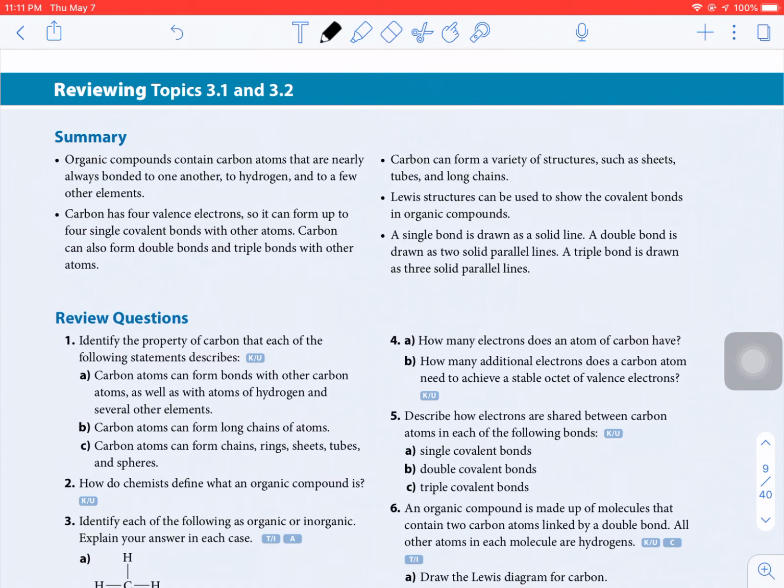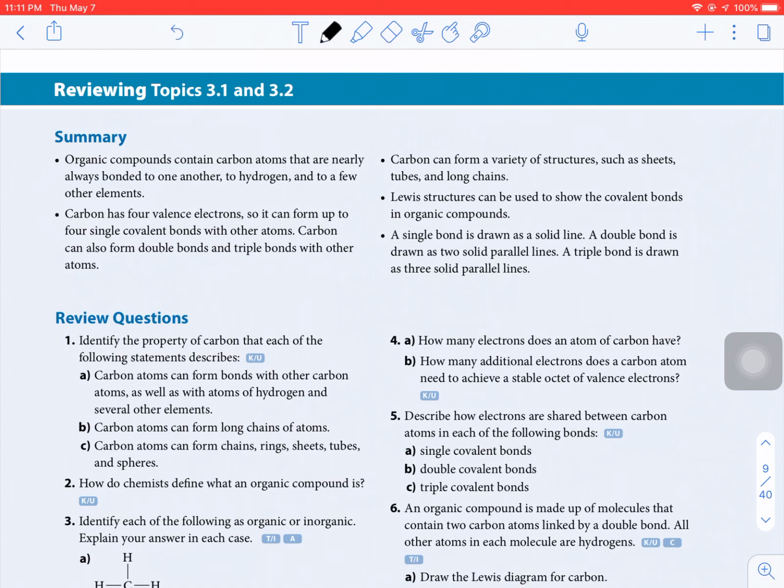It says organic compounds are the definition I just said, contain carbon atoms, usually bonded to other carbon atoms, and to hydrogen and to other elements. And then carbon has 4 valence electrons, so it can form up to 4 covalent bonds, and also form double bonds and triple bonds, like we said yesterday, by sharing more than one pair. Remember, every covalent bond is a pair of shared electrons.